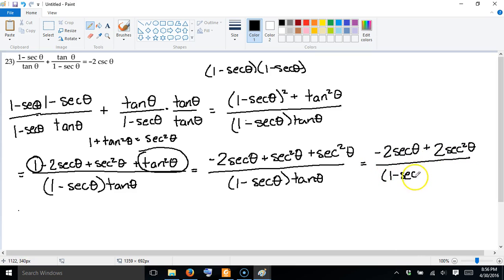This denominator writing is getting monotonous. There we go. Now, there is something in common between these two terms. We have a 2 in both of them, and we also have a secant. We have a secant here and a secant squared here, so let's take away one of those. Let's factor out negative 2 secant theta.